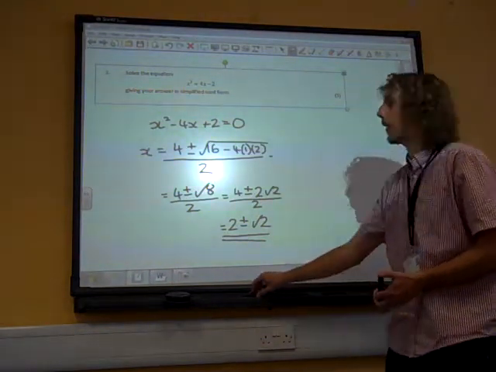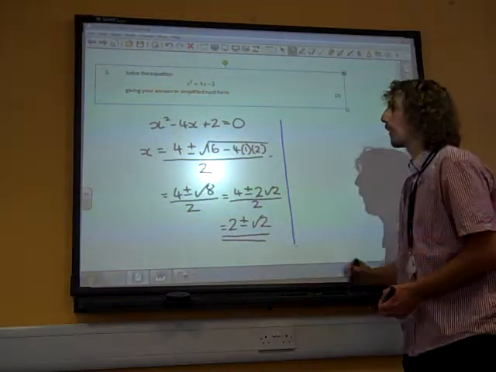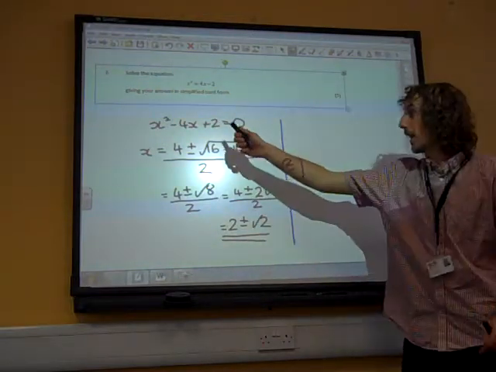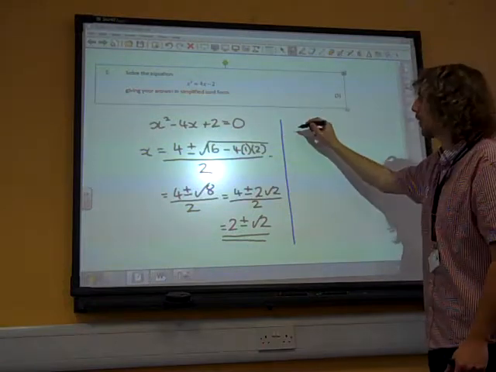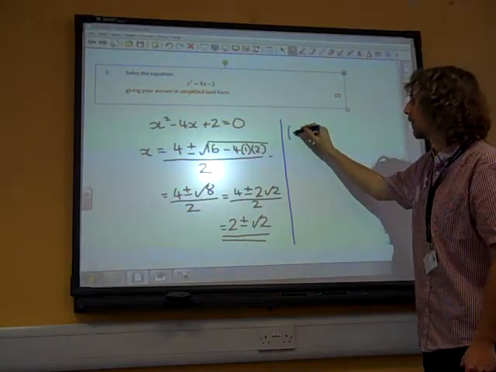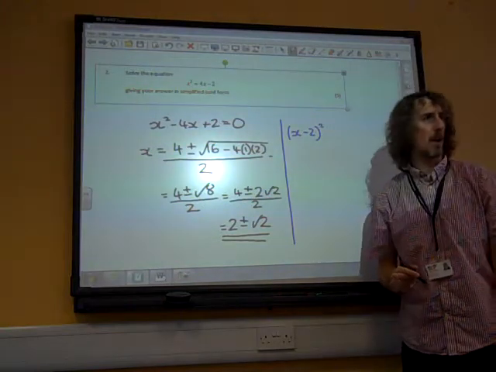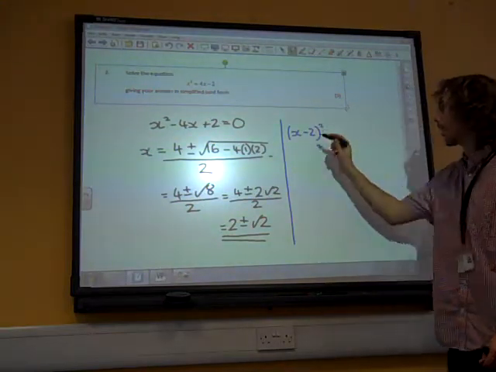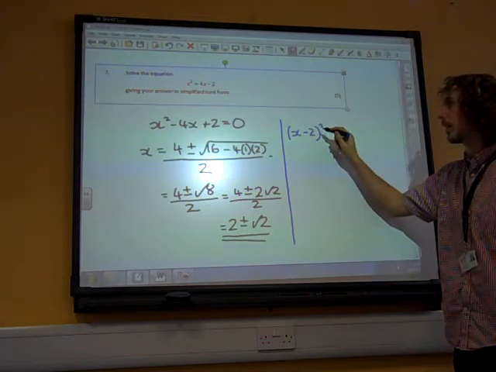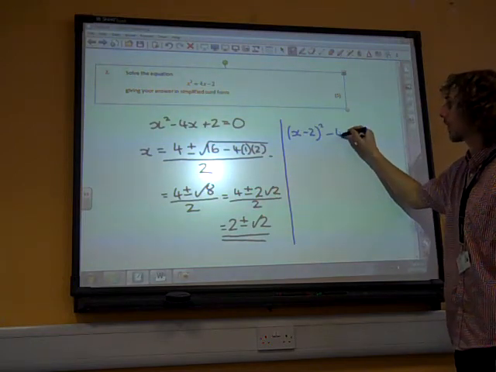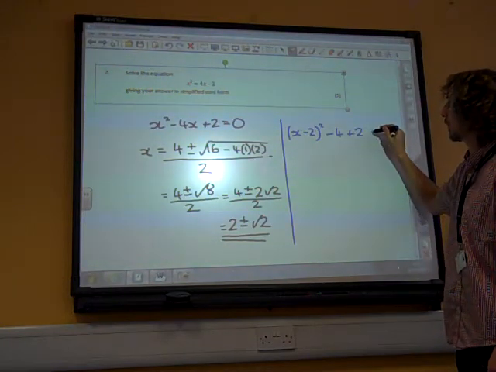If you'd chosen to do it by completing the square, then you would have said at this stage here, a half of the 4 is 2, so we're going to write it as x minus 2 all squared. When we multiply out x minus 2 squared, we get a plus 4 at the end of that. So we need to get rid of that plus 4. We already had a plus 2 there.